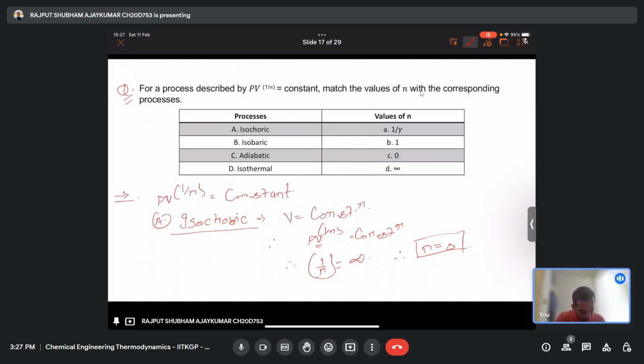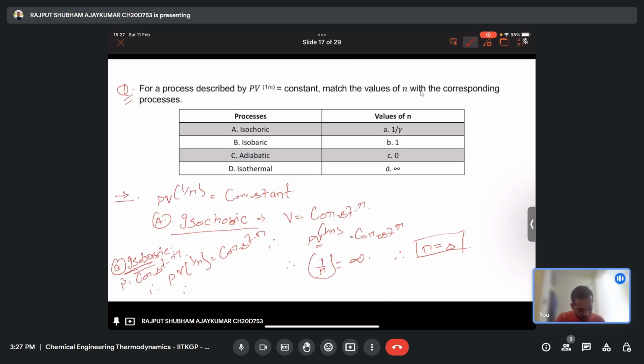Now if you take the second one, isobaric, pressure is constant, okay, for isobaric process. Therefore, PV raised to 1 by n equal to constant.